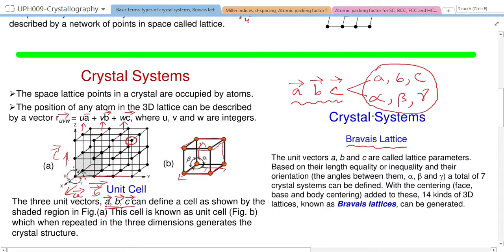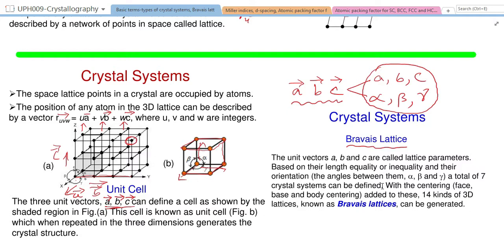So it has been found that with these 6 different scalar values, 3 are magnitude and 3 are angles, a total of 7 crystal systems can be defined. And then when you choose where to put the atoms, then you can uniquely identify 14 different kinds of lattice unit cells.